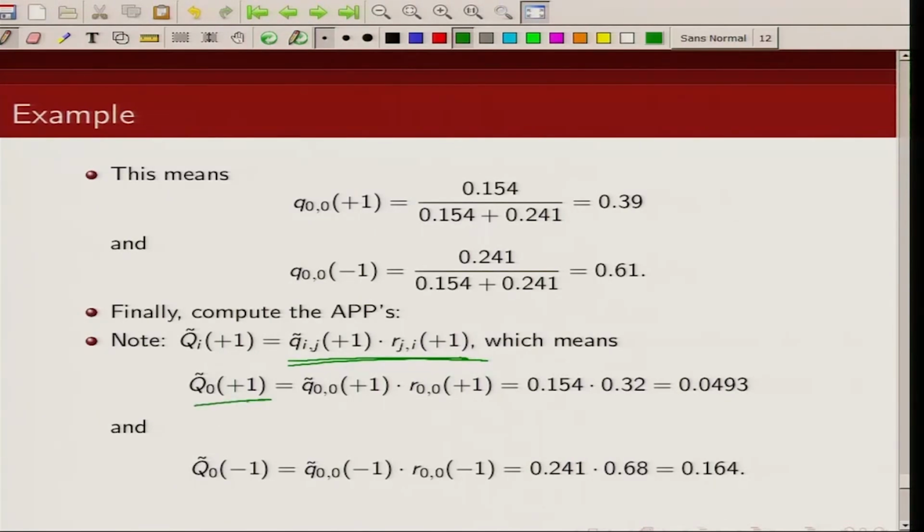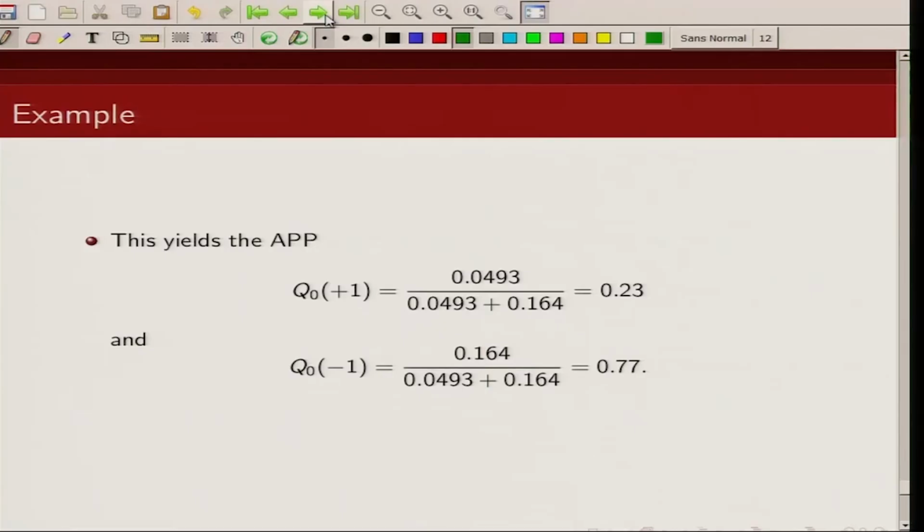So, the probability of it being 1, the probability of it being 0, and again you can normalize these probabilities. So, that comes out to be this. Now, based on whichever is more likely, you decide in favor of that. For example, in this case, Q being minus 1 is more likely. So, the bit which was transmitted was 1.